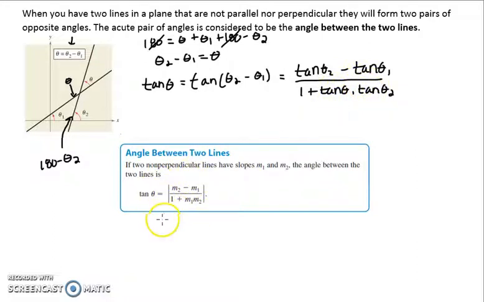For two non-perpendicular lines having slopes m1 and m2, the angle between those two lines is going to be right here. Now all this stuff up here you don't need to know, but all of this is where this relationship came from. So we're going to have one more example and then we'll call it quits on this video.